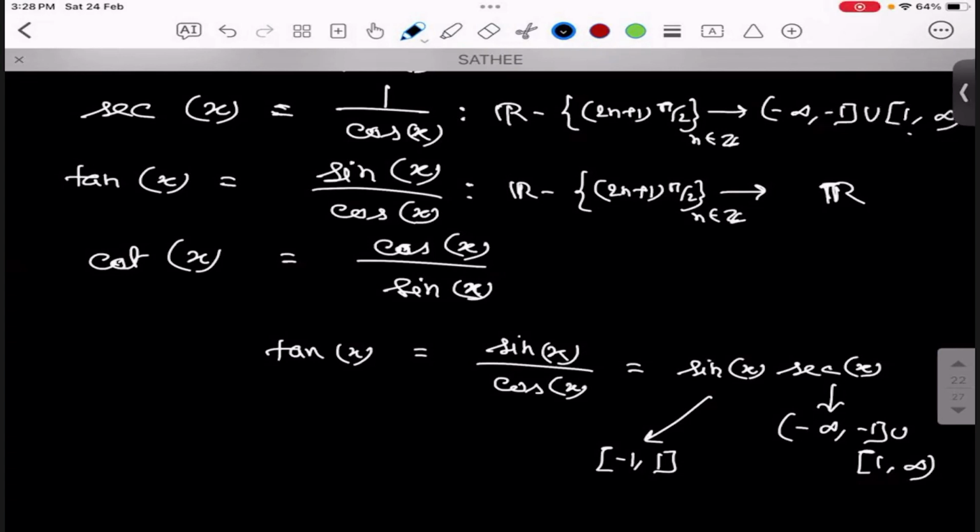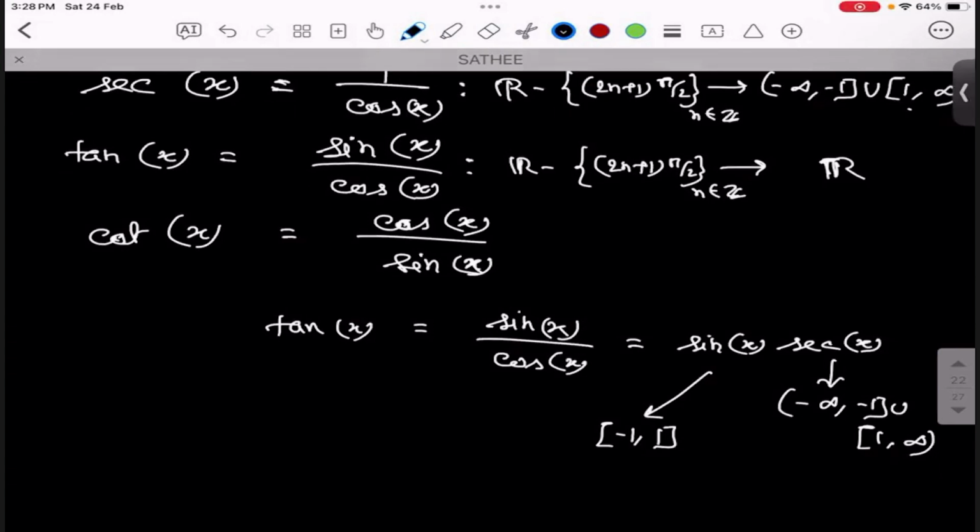So it will give values between minus 1 and 1 too. So we can say that tan x has range the whole of R. And later, when we draw the graph of tan x, we can again see that it gives all the real numbers.